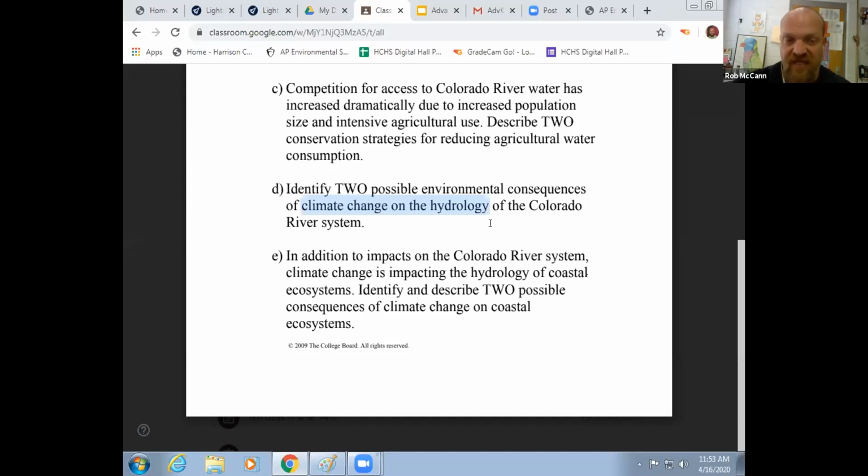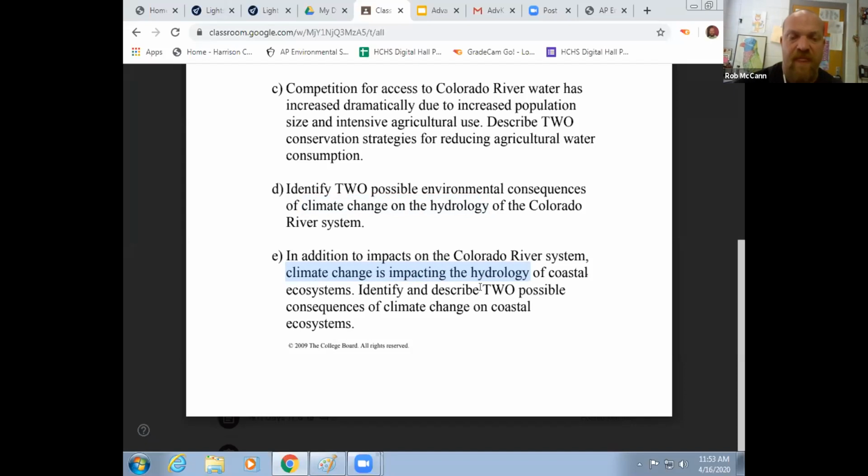So those are some things. So remember, I'm stating the climate change, increased temperature, which causes evaporation rates to go up, which is going to decrease the amount of water in the Colorado River system, or increased temperature increases the rate of snow melt, which is going to cause flooding in the Colorado River system. Those are some things that you're looking at. And then the question goes on, it says, what about climate change impacting the water cycle of coastal ecosystems?